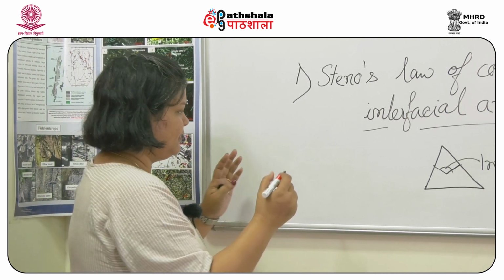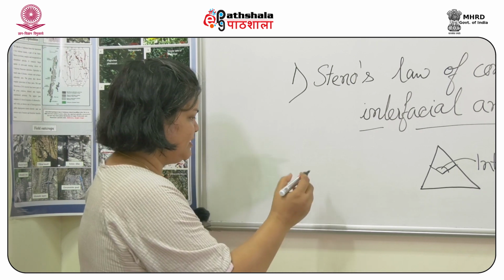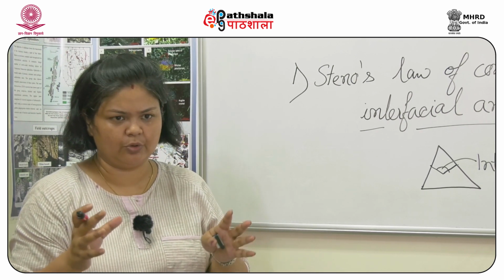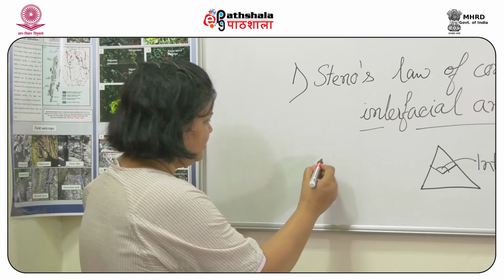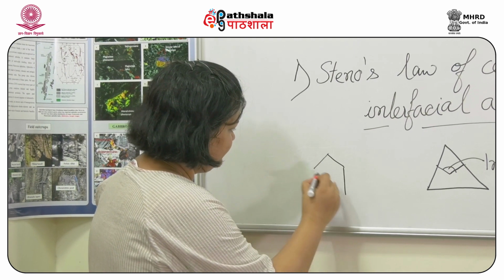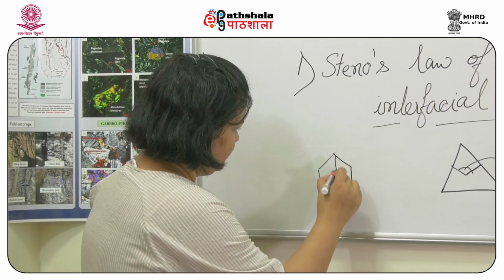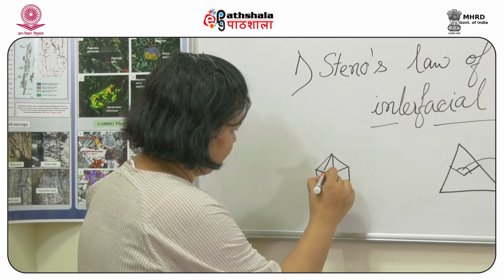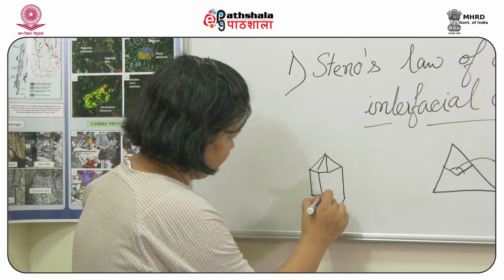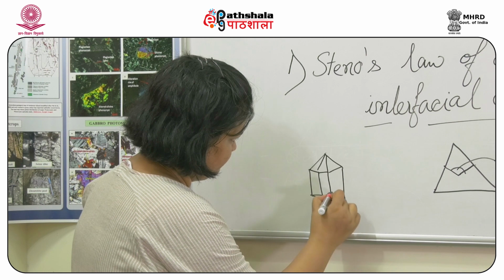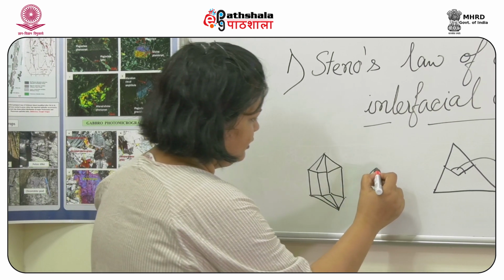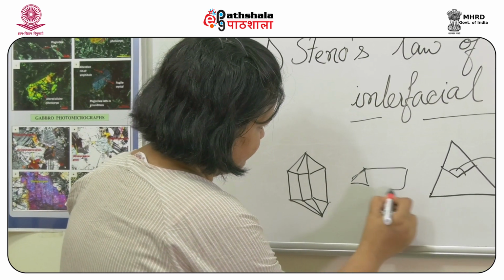For instance, if I have a quartz crystal which is manifesting two different geometric forms, one is something like this, and the other one is something like this.